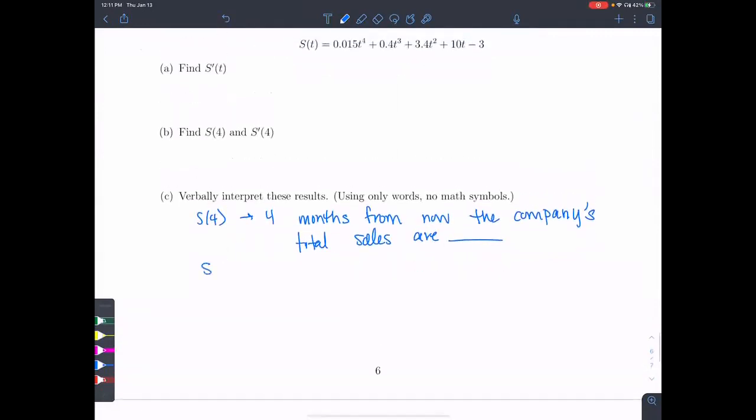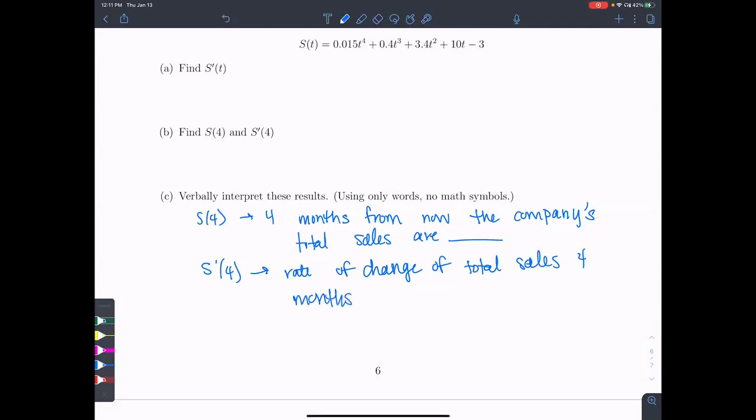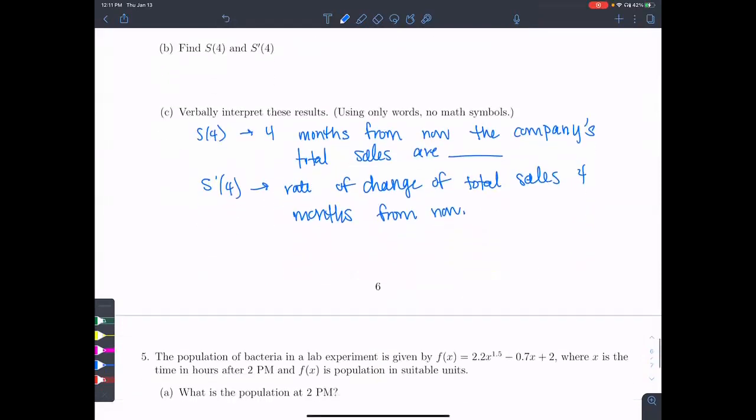And then S prime of 4 tells you the rate of change of total sales 4 months from now. It's some dollar increase from the 4th to 5th month, for the next month.